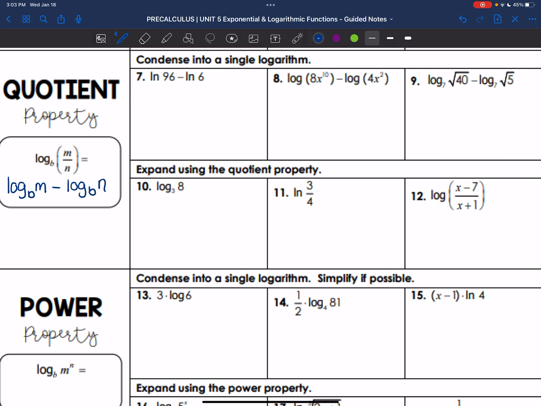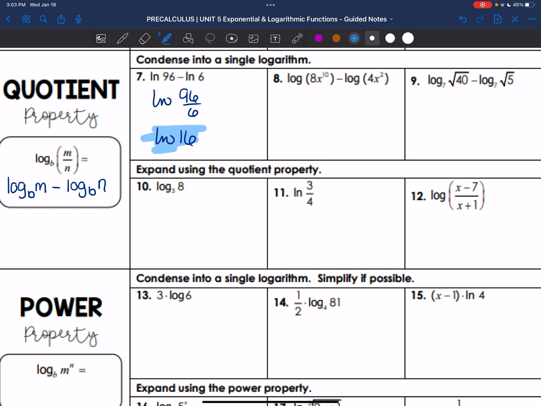So if we are looking to condense, we need to apply this quotient property here. That looks like, in this first example, taking the natural log of those two arguments, but we're dividing them. So when you take 96 and divide it by 6, that is going to simplify to what, ladies and gentlemen? Yep, that is 16.